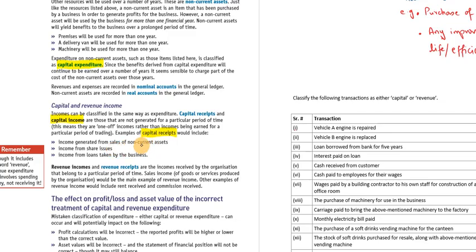For example, we sold our building, our machinery, our plant. Income from share issue and income from a loan taken by the business are also categories of capital receipts.